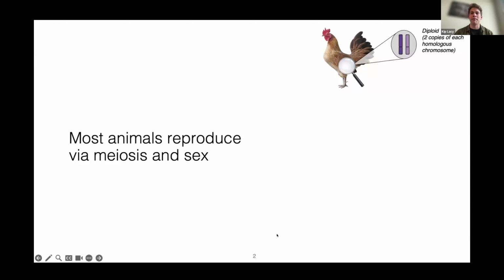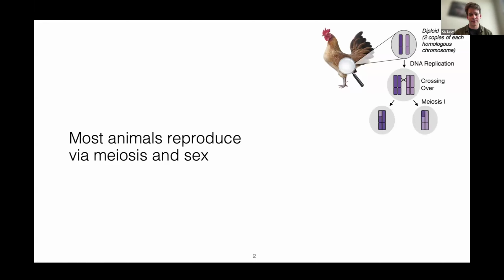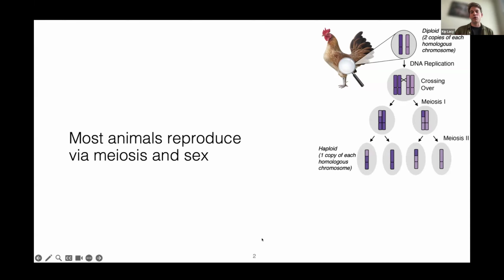As she undergoes meiosis, this will start with DNA replication, followed by crossover recombination. Homologous chromosomes will be pulled apart in meiosis 1. Sister chromatids are pulled apart in meiosis 2. The chromosomes will segregate randomly through these meiotic divisions according to Mendel's law of segregation. And this will produce 4 haploid nuclei.